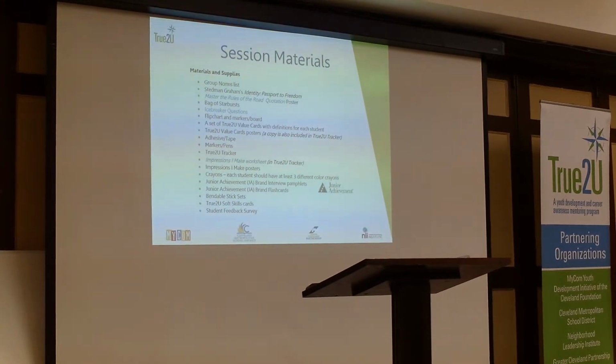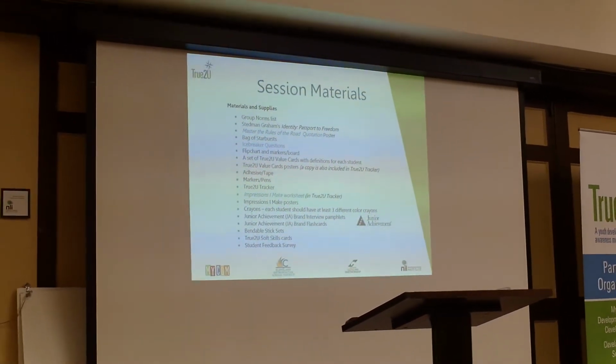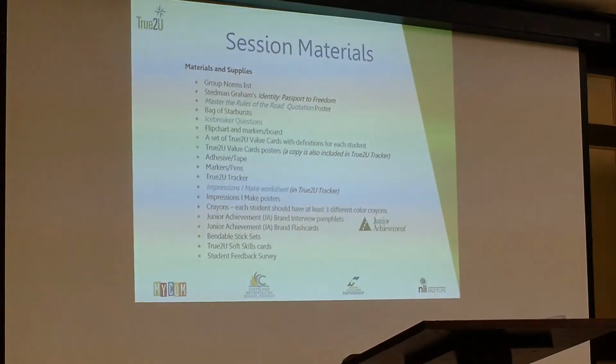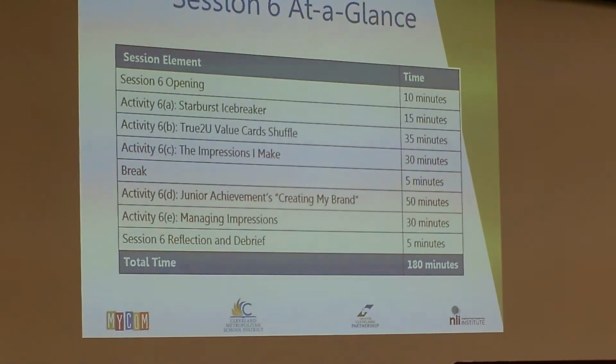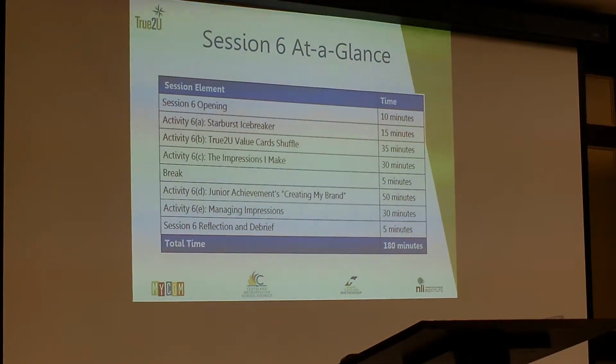So here are your session materials. You've got most of these, or an example of most of these, on your table. As I go through them, I'll pick them up and show you what we're looking for. So you start with your opening, then you have your Starburst icebreaker, then you get into the value card shuffle, which honestly is one of my favorite activities in our curriculum.